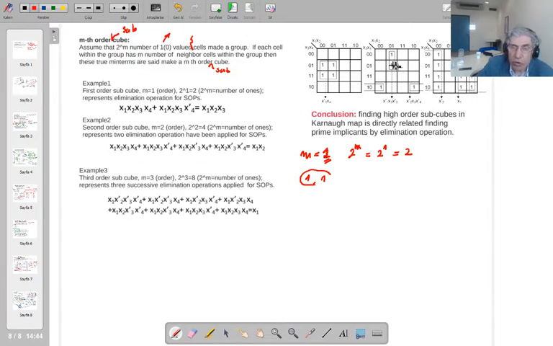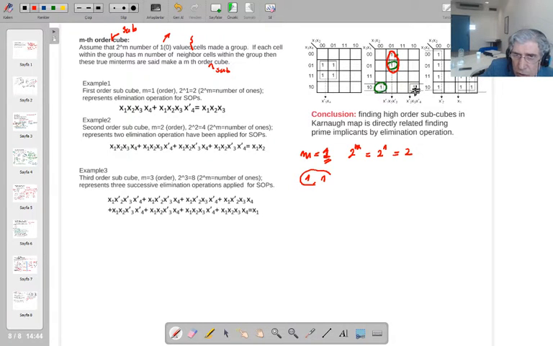For example, if you consider, let's make a different color here, this one and this one. Those 2 ones do not make a first order subcube. Why is that? Because they are not neighbor to each other. But these 2 are neighbor to each other.